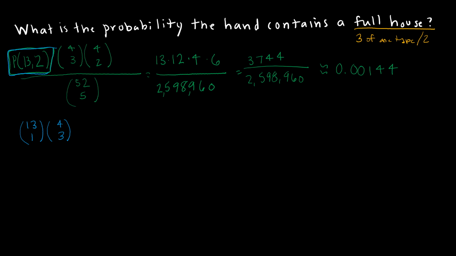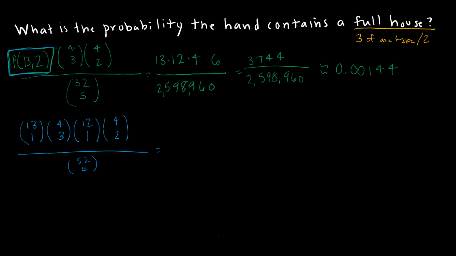Then there are 12 different types of cards left, and I'm going to choose 1 of them. And for that one, there are 4 cards, and I'm going to choose 2 of them. And my denominator is, of course, 52 choose 5.